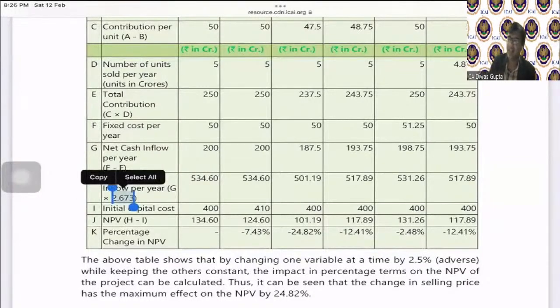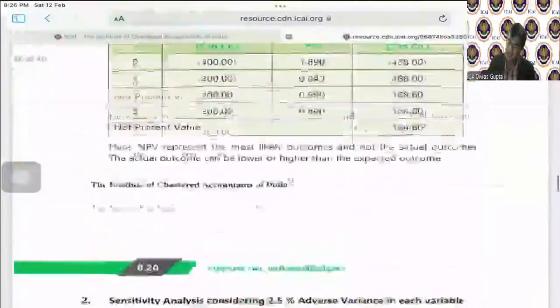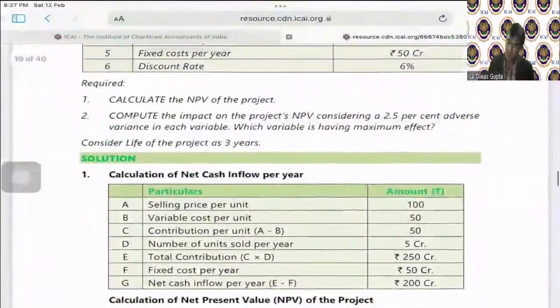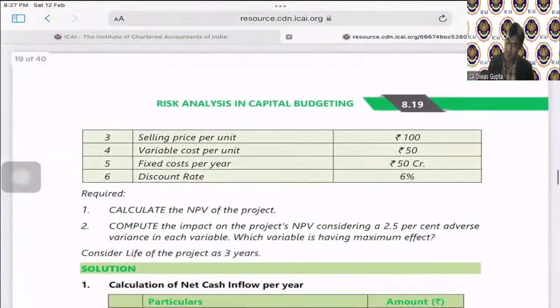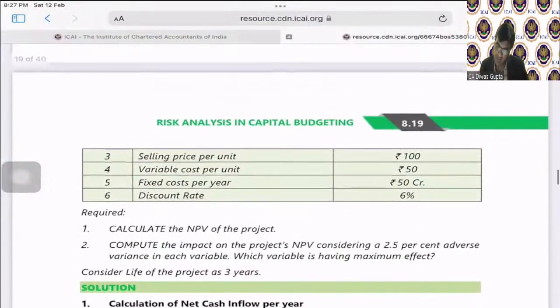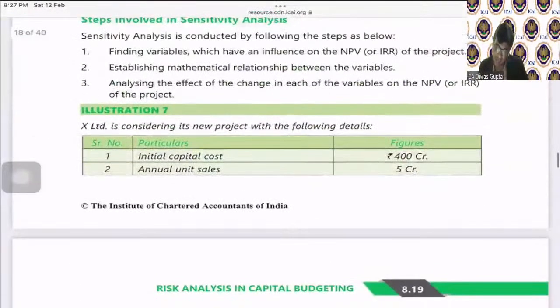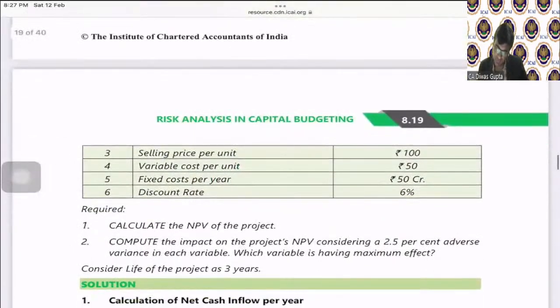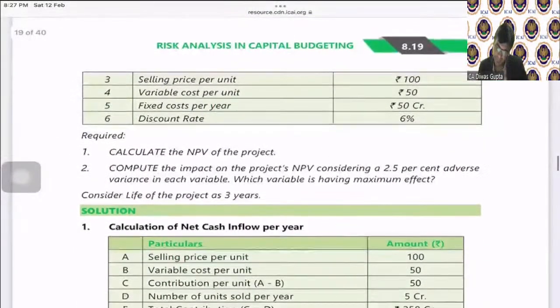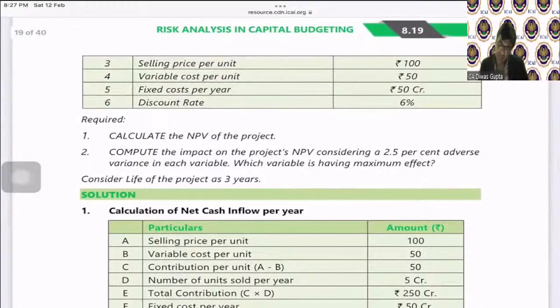This 2.673, Charu, is coming from the present value factors. See, what is the discount rate? 6%. What is the life of this project? 400 crore, 5 crore, 100 crore, 50 crore, 3 years, right?